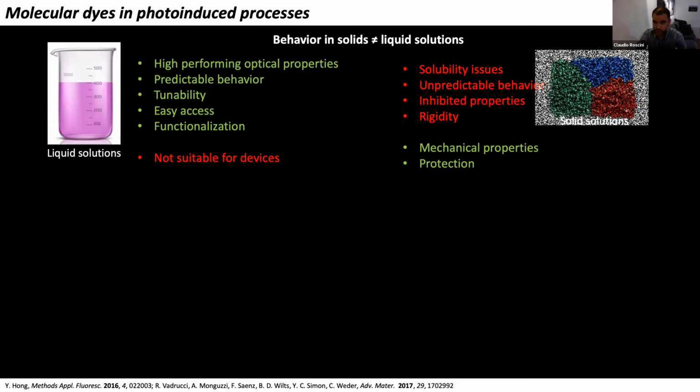So if you want to go to the other side, you want to work with plastic or polymeric materials, you start having some problem, because the behavior of these dyes in the solid materials is not always the same as in the liquid solutions, because sometimes the matrix is inhibiting the optical properties because of the rigidity or because the low solubility of these dyes in this media. So there is this difference, and there are very typical examples that I show here briefly.